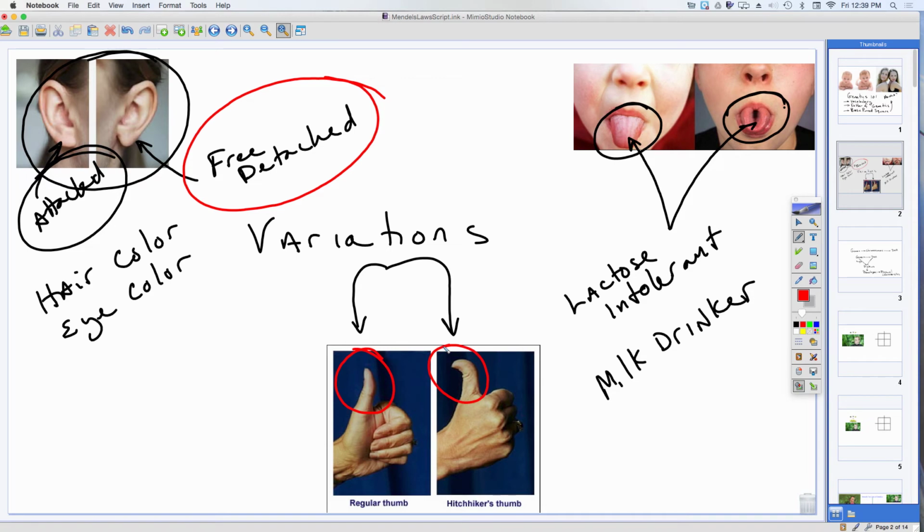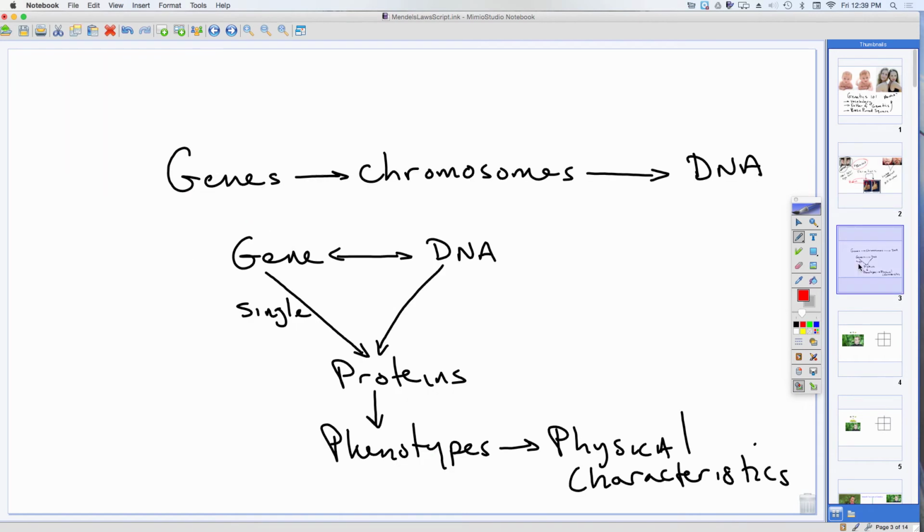And the difference between these are essentially based on proteins that are either coded for or not made, depending on your trait. And ultimately, whether you have hitchhiker's thumb or not hitchhiker's thumb, is based on a gene which comes from a DNA sequence.